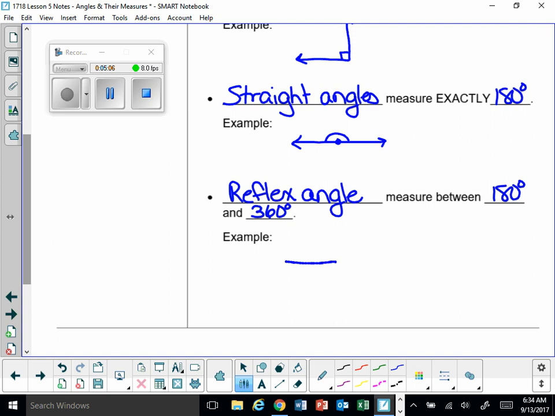So if you have a reflex angle, we draw this partial circle around the outside of the vertex to tell you, don't measure the acute, you're looking for the reflex. All right, if it's obtuse, it would look like that. If it's right, it would look like that.